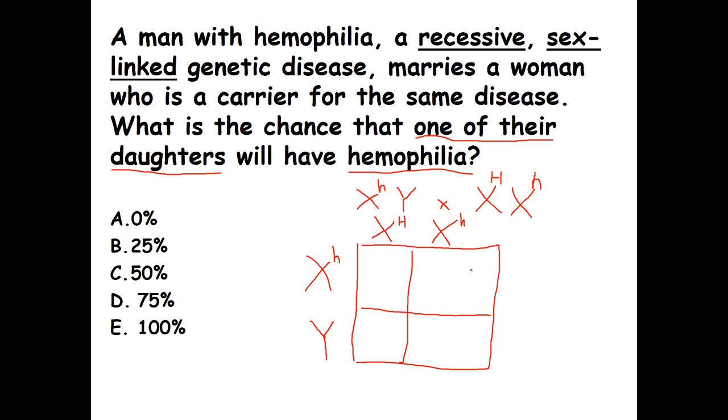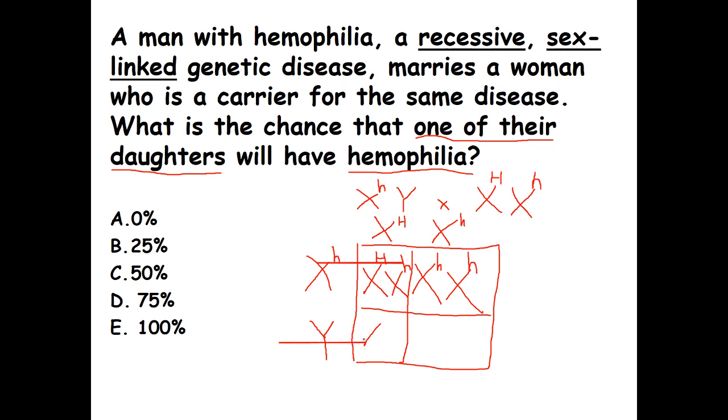If you finish this Punnett square, you will see what I'm trying to say. You have 2 big X here. This is a daughter, and she is a carrier, with a big H and a small h. This one will also be a daughter, but this daughter will have the problem.